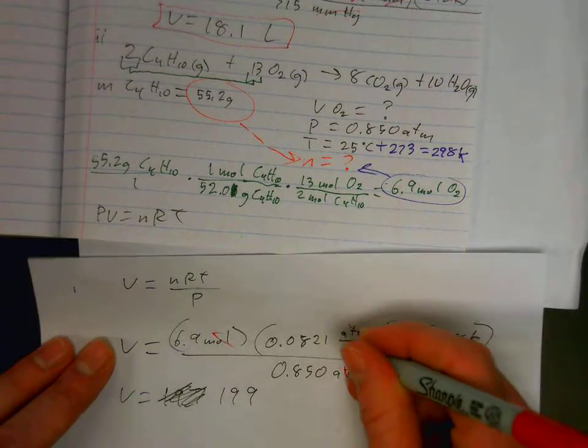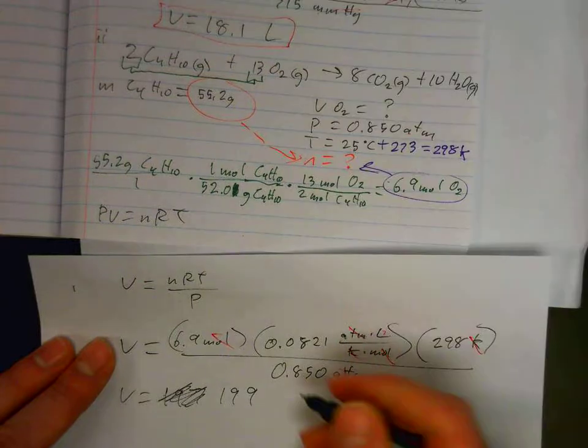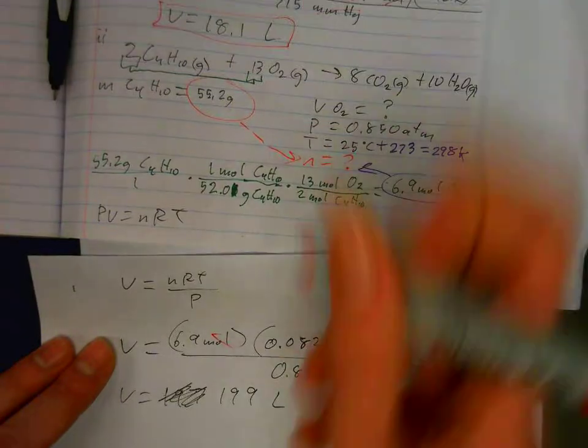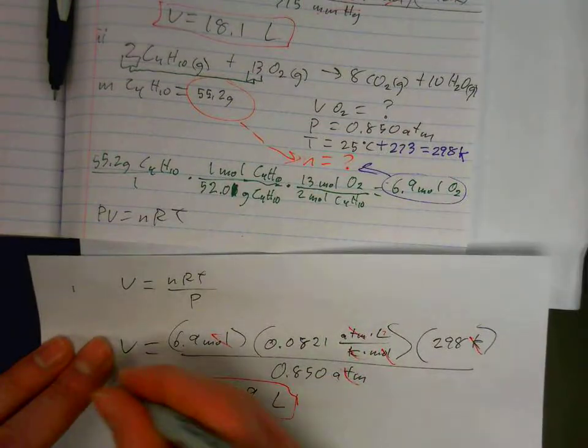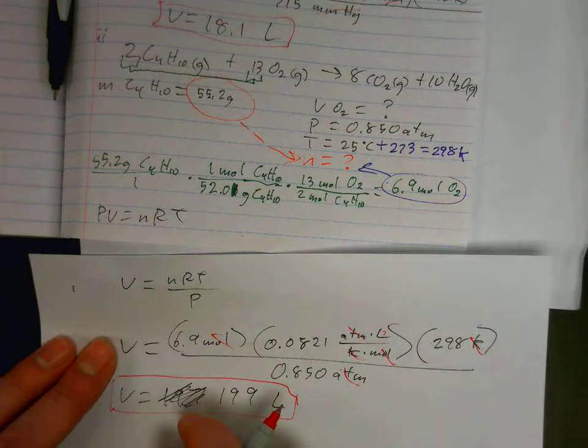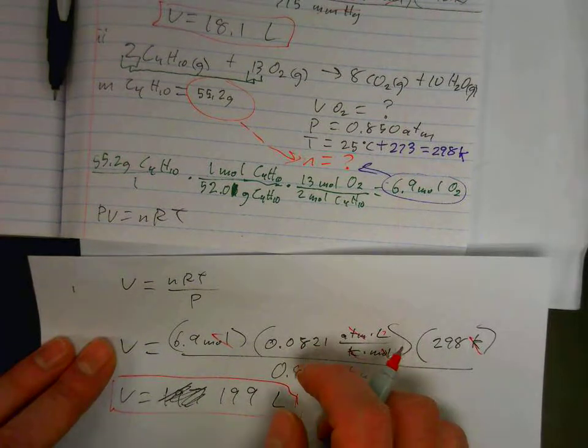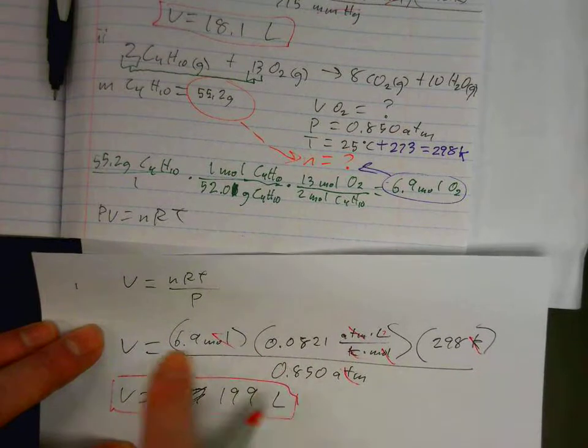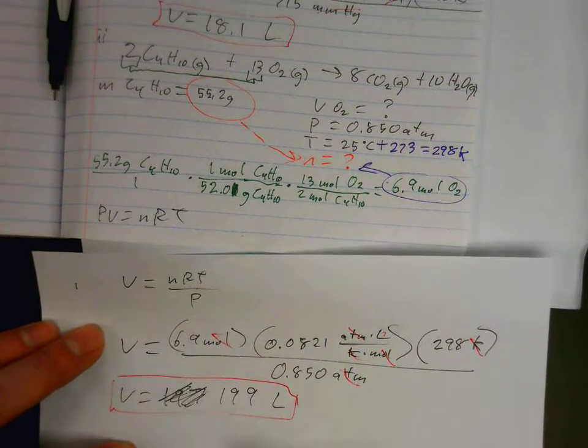So 199 liters. That is quite a large amount of space. So you need quite a large volume of oxygen gas at that pressure to react with the 55.2 grams.